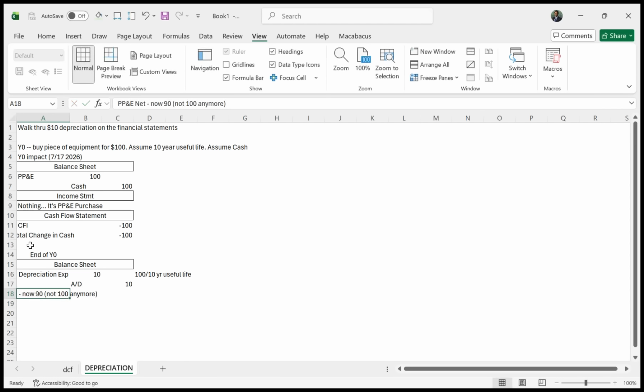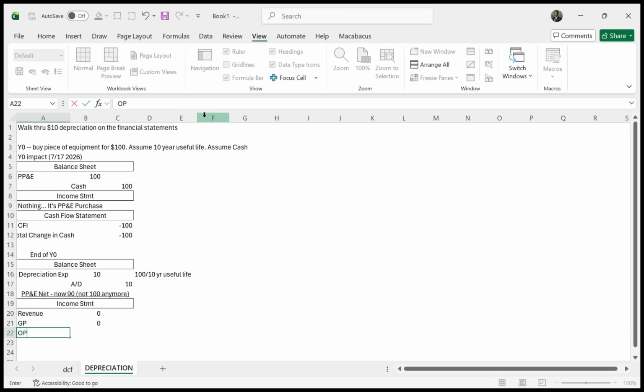Let me align this so you can see it. That's kind of how you would look at that. From an income statement perspective, you guys have definitely seen we talk about depreciation all the time. So let's pull it out here. Revenue 0, gross profit no impact.